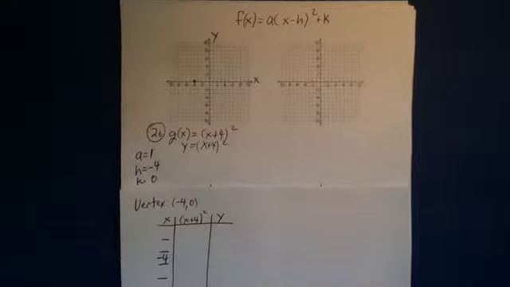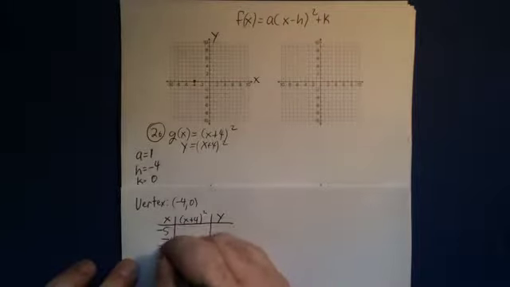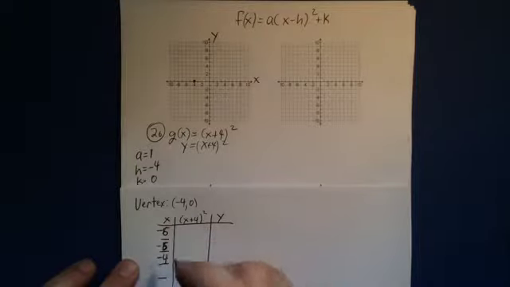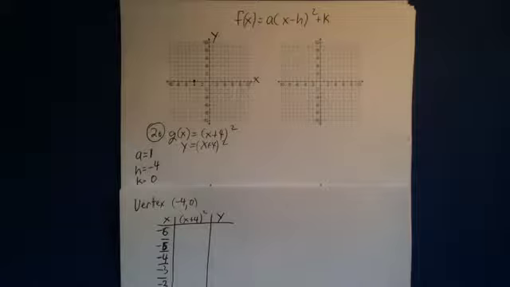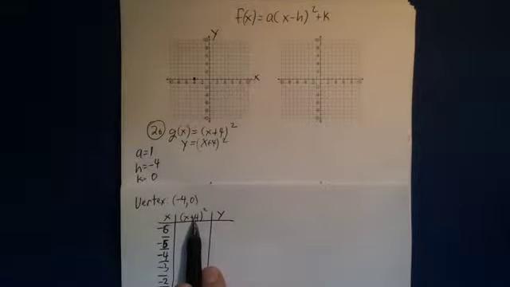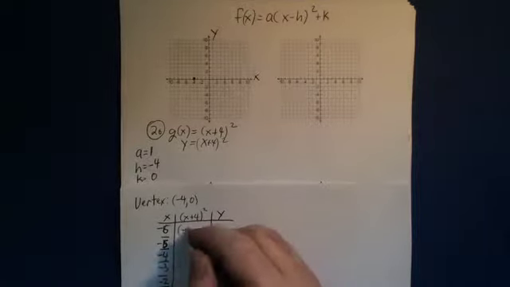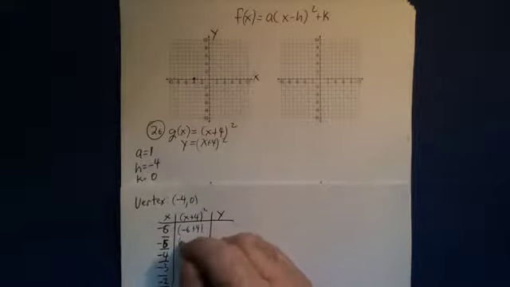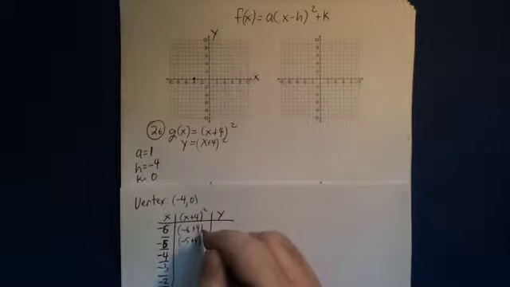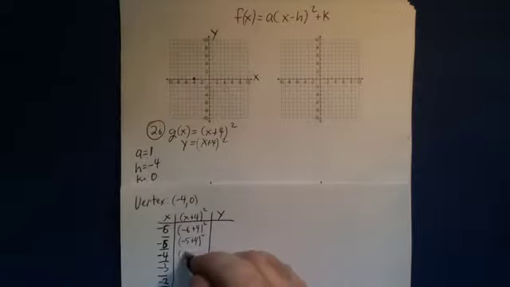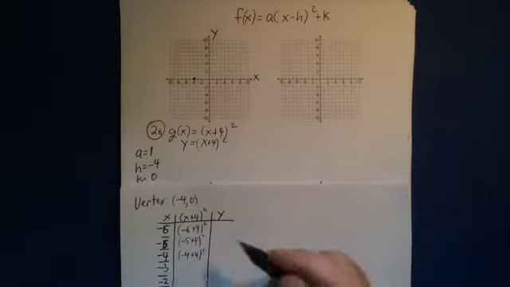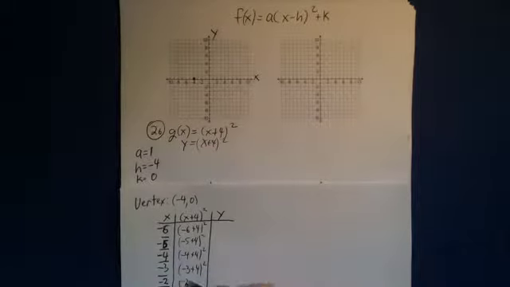For this purpose, I'm going to pick negative 6, negative 5, negative 4, negative 3, and negative 2. These are the values that I'm going to put into the function here. So this is going to be negative 6 plus 4, negative 5 plus 4, and I'm going to square these, negative 4 plus 4 squared, negative 3 plus 4 squared, negative 2 plus 4 squared.